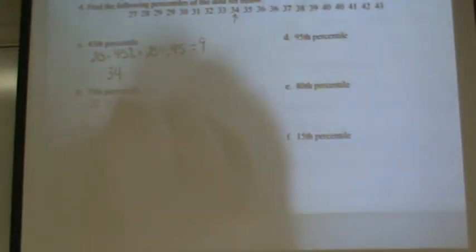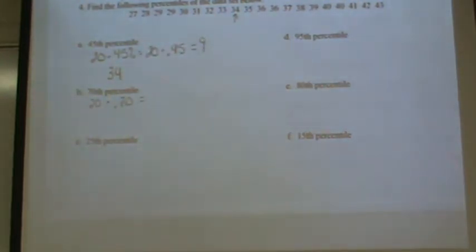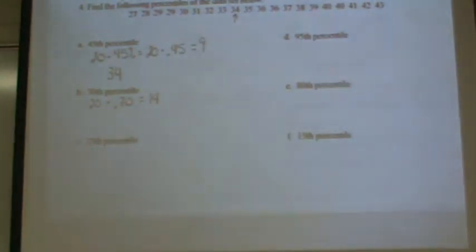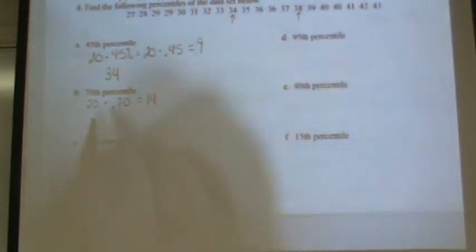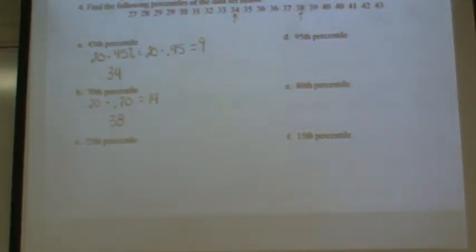Now the same thing for the 70th percentile. We're going to take our 20 and multiply by 0.7 this time, because we're finding the 70th percentile. That equals 14. So if we are at 9 here, 10, 11, 12, 13, 14. So 38 is at our 70th percentile.